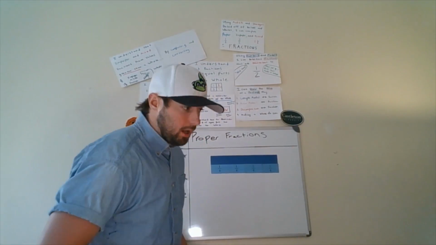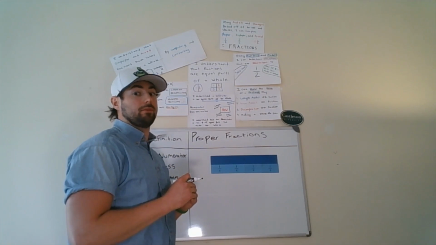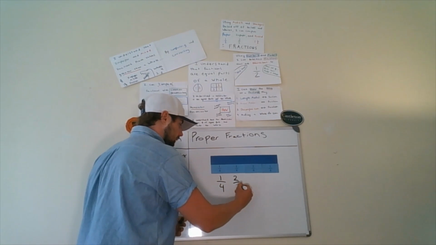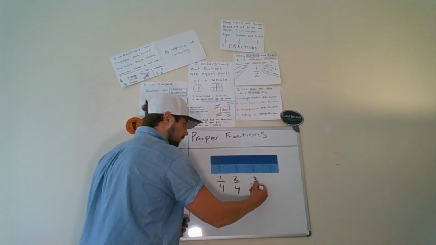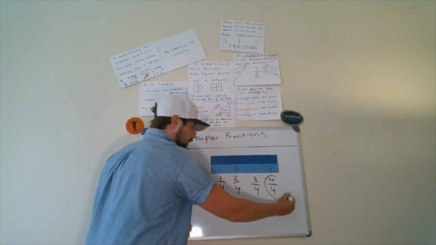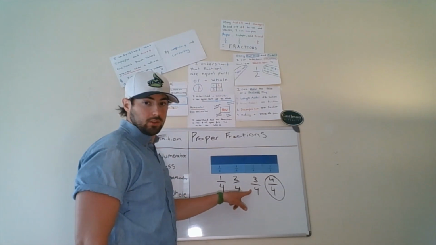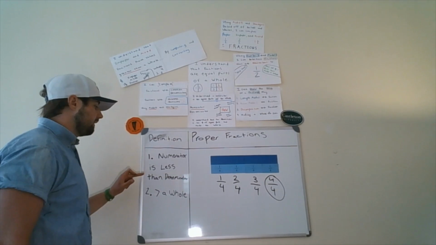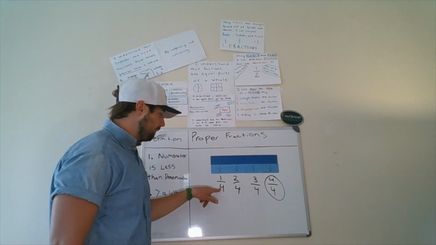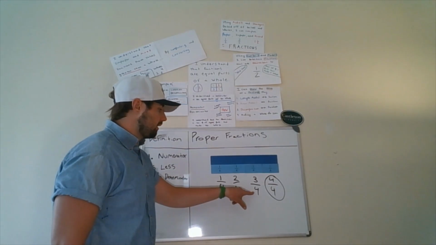Okay? So, as we began decomposing these proper fractions, because they are all less than 1 whole, they are proper fractions. 1/4, 2/4, and 3/4 have a numerator that is less than the denominator and are in fact less than a whole. 1 is less than 4. 2 is less than 4. 3 is less than 4.